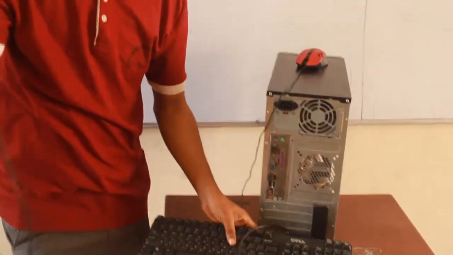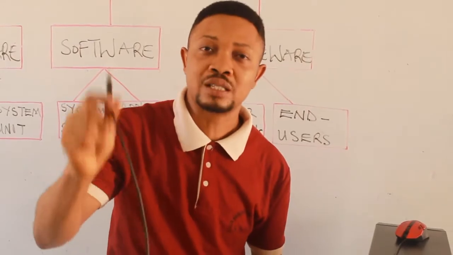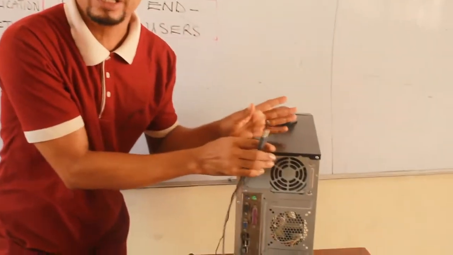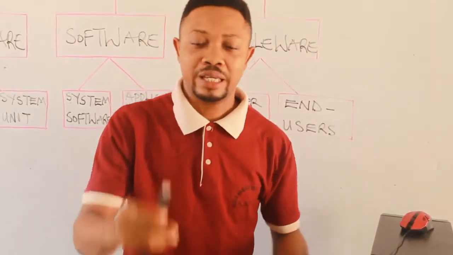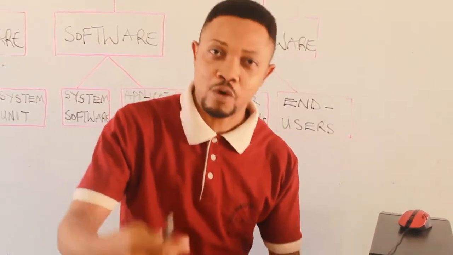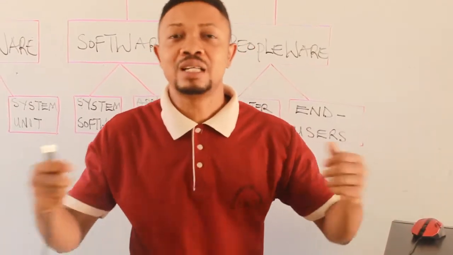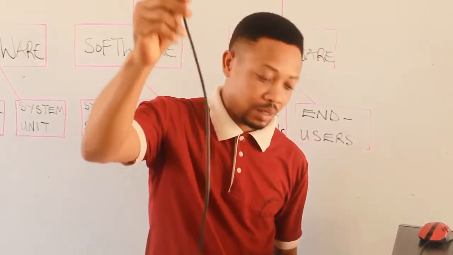So peripheral devices are hardware parts of the computer system that are attached to the system unit to enhance the performance of the computer system and also to expand its capabilities. That's what the peripheral devices are.